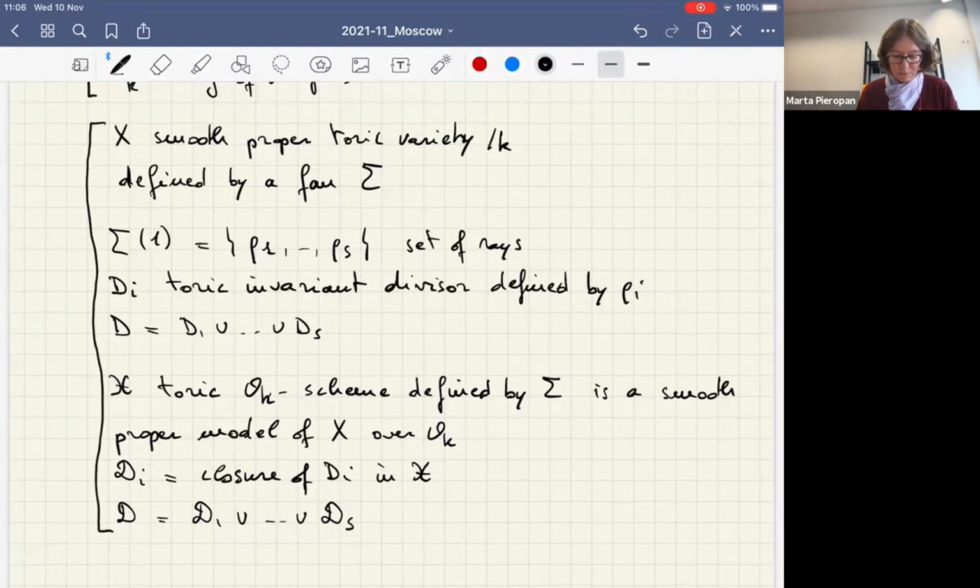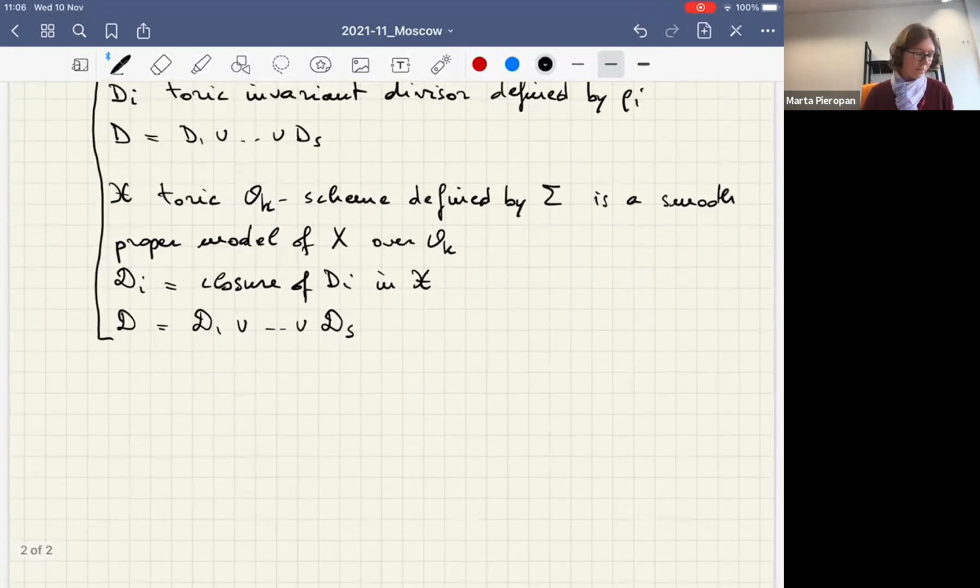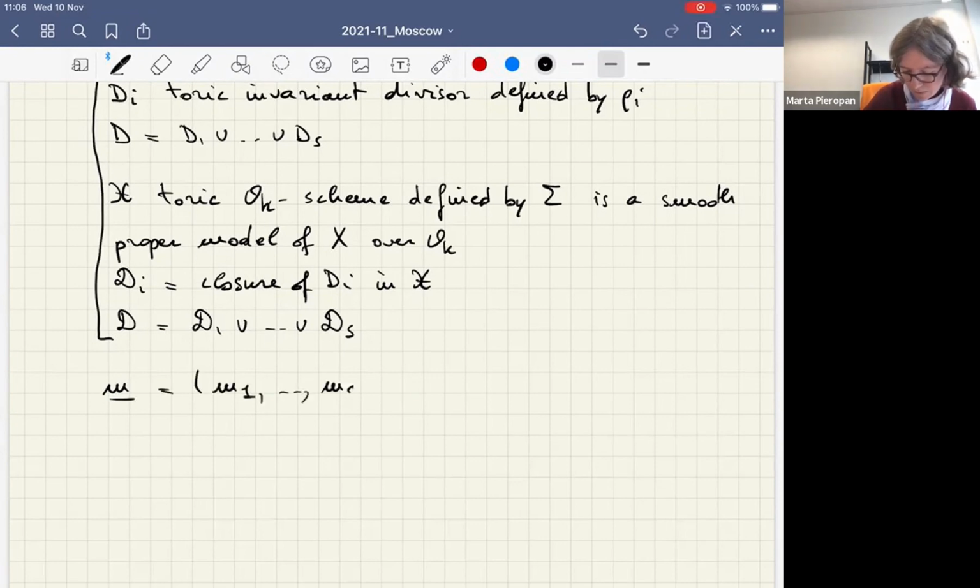And then to define Campana points, I still need to fix some parameters. So this is the last piece of data. I'm going to fix an s-tuple of integers, m_1 up to m_s. And these are positive integers, which I just fixed.